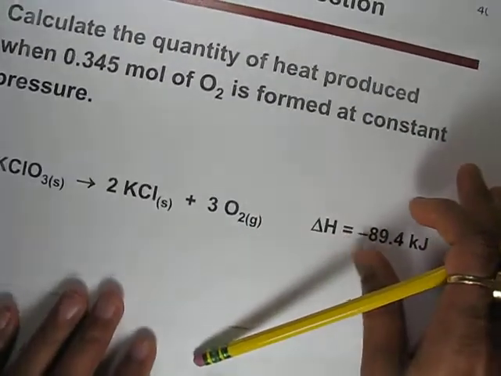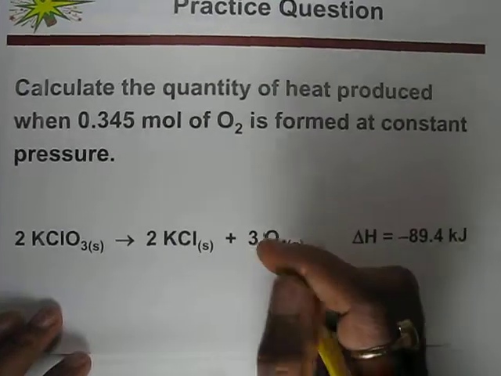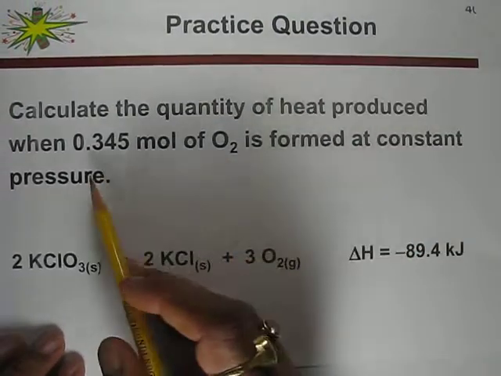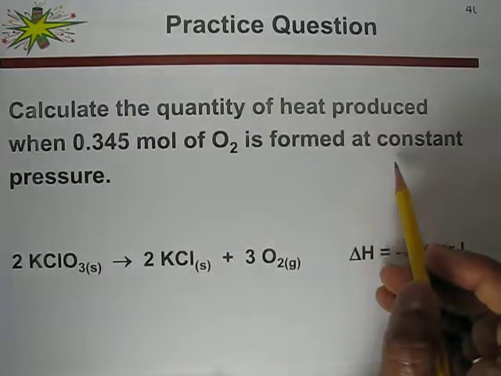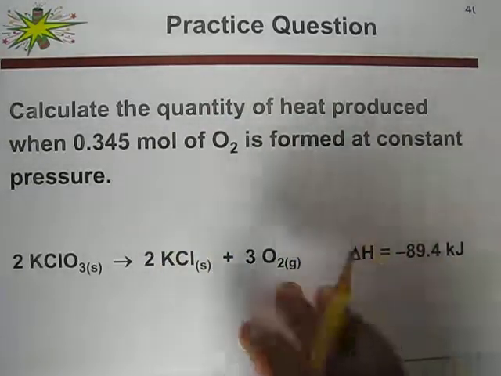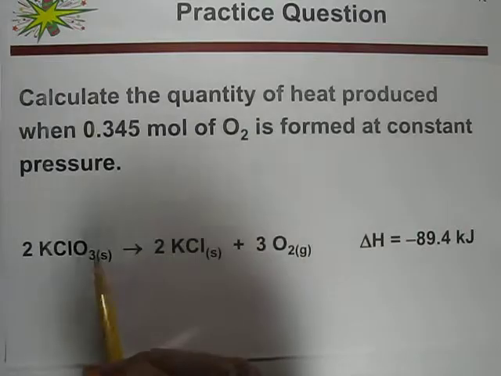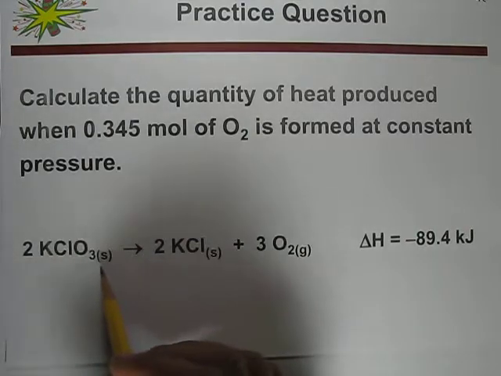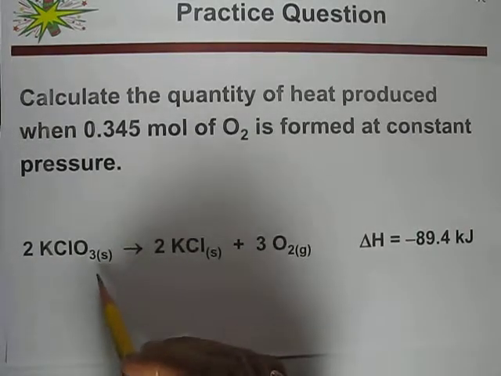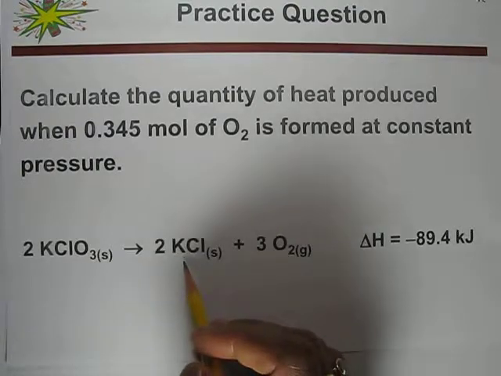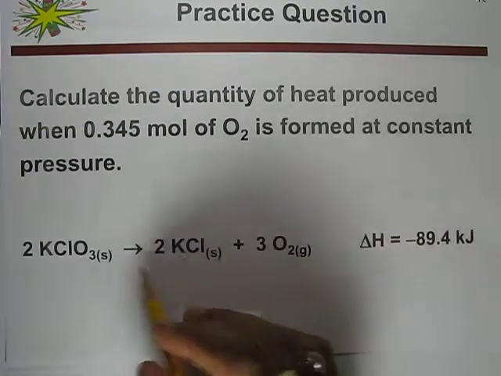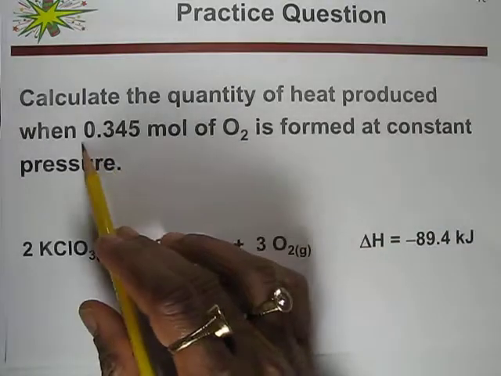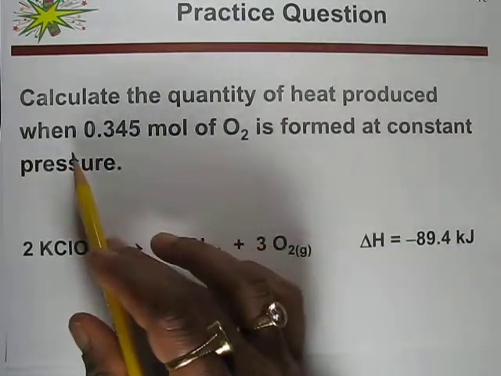So let's see another example. Calculate the quantity of heat produced when 0.345 mole of oxygen is formed at constant pressure. This reaction is given: potassium chlorate, when it decomposes, produces potassium chloride and oxygen gas, and you can see they are talking about the oxygen.